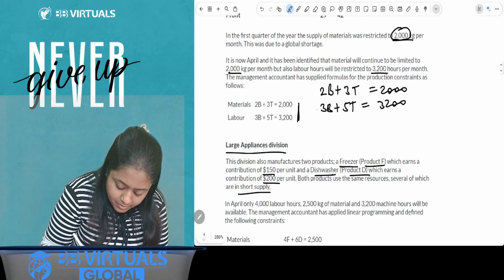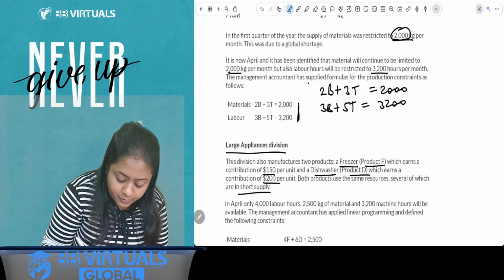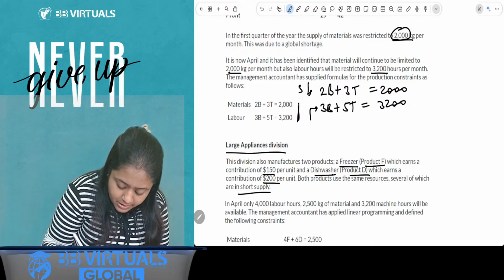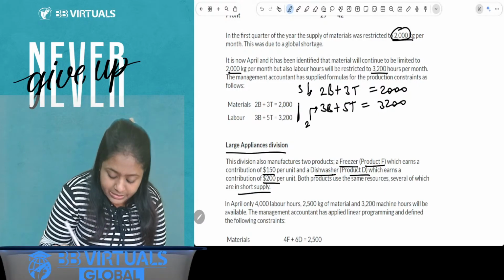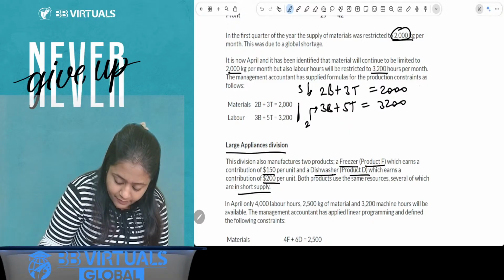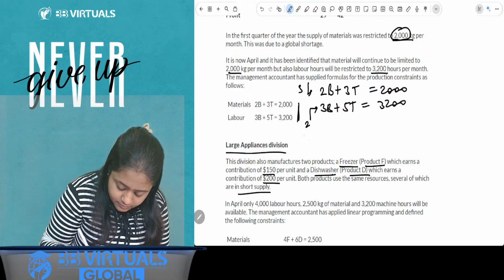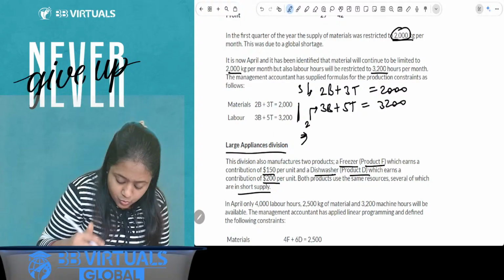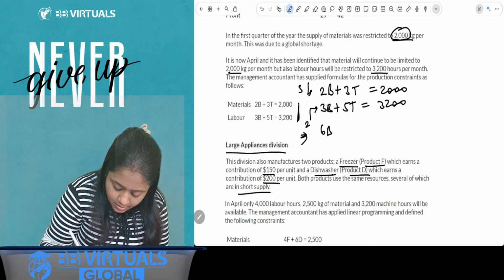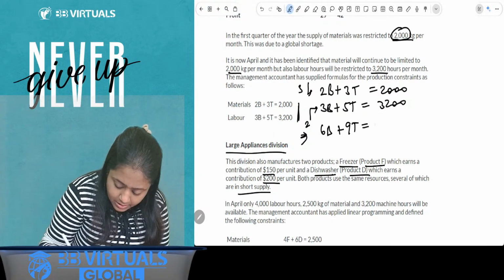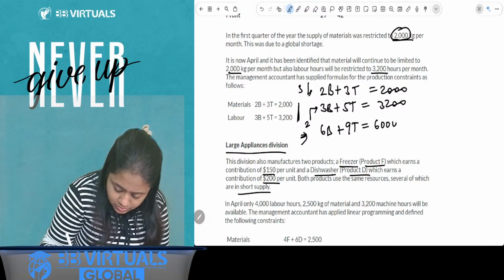Now let's solve it. So let me multiply the first equation with 3 and the second with 2. Right? So let's do it. So we will have 3 into 2, 6b plus 9t is equal to 6000.